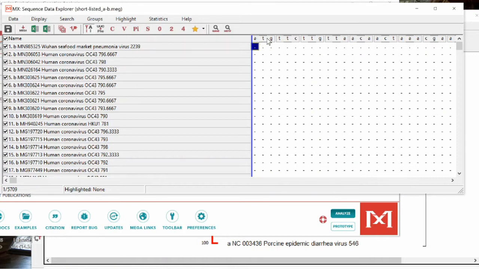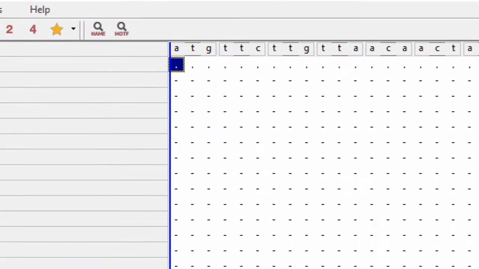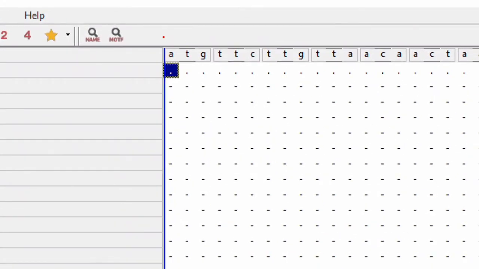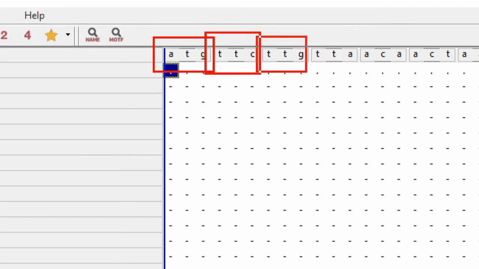So therefore it's broken down into triplets. Here is one triplet, and this is the next, then this is the next triplet, and inside of these triplets we have the consensus sequence.